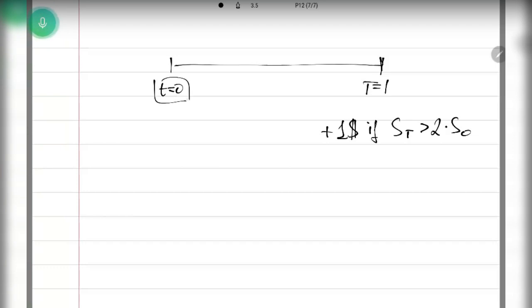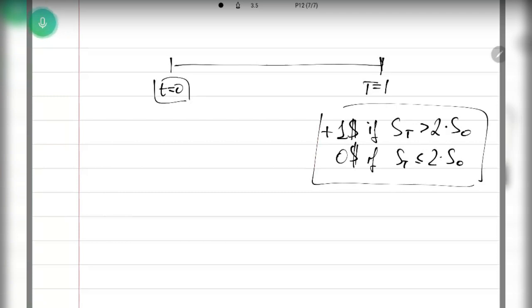We are at T_0, so we don't know whether the share price after 1 year will be twice as big as the initial price. And I pay you 0 if S_T is not twice as big as the initial price. Okay, that's the payment at T, that's the payoff at T.